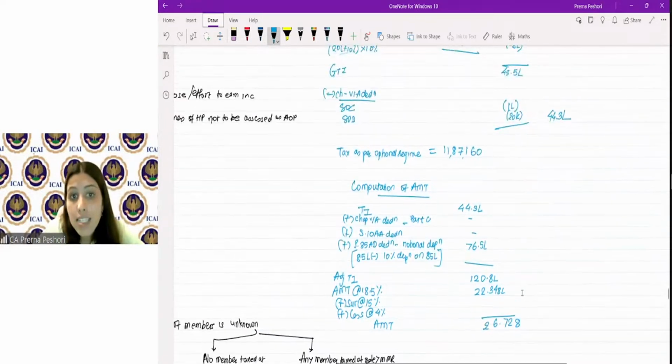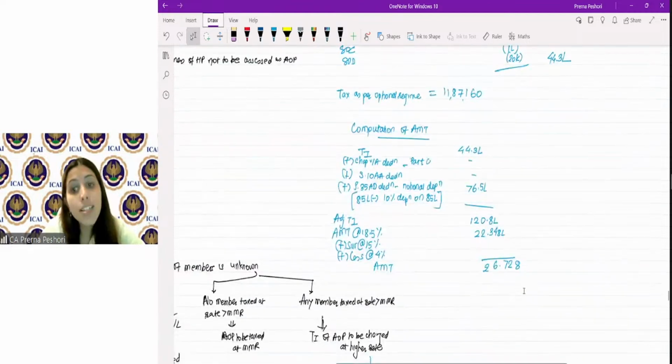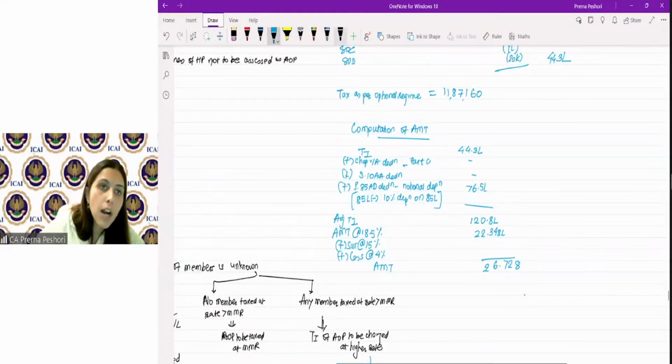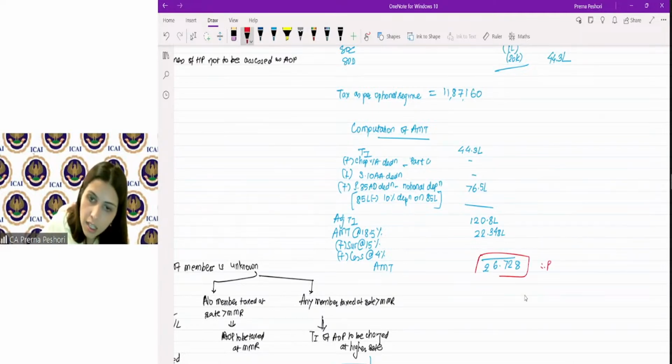Now, what is my tax as per the optional regime? 11 lakh 87 thousand. What is the AMT that I am getting? 26.728 lakh. So I will have to pay as per the AMT. So 26.728 minus 11 lakh 87,160.